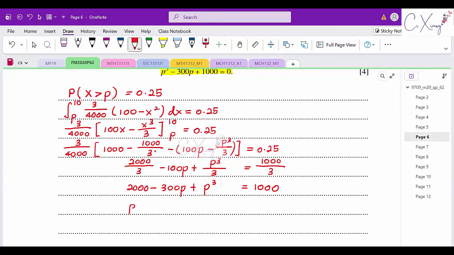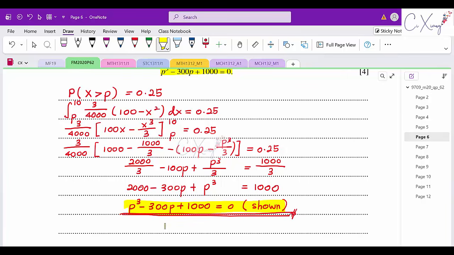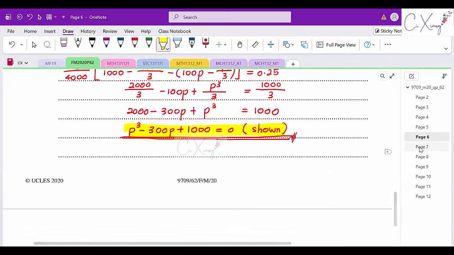Then further simplify it. So this is what you get for the equation that they want you to prove. Okay, so this is what we have for part B. Then let's continue to part C.